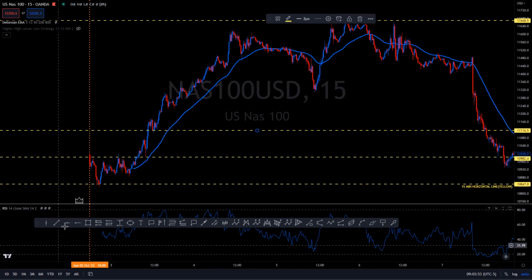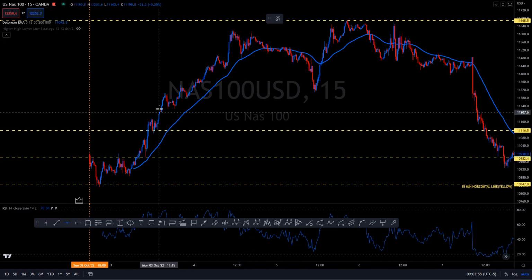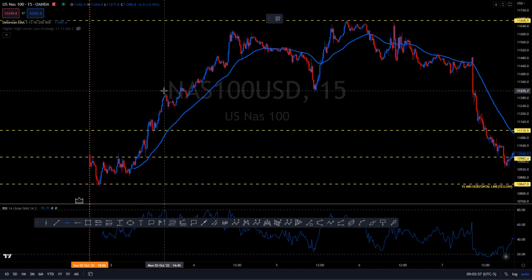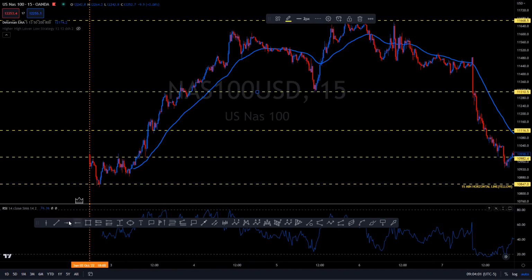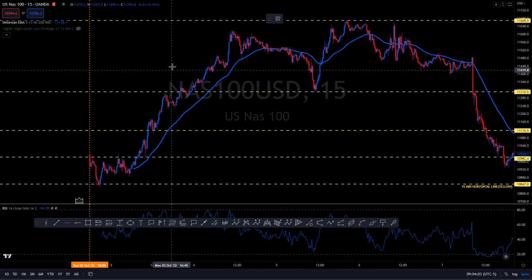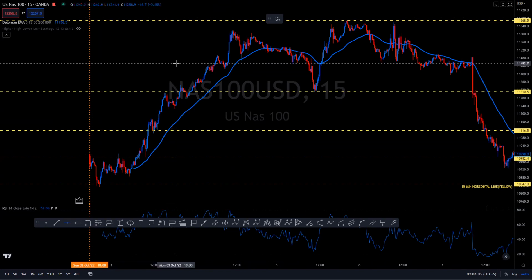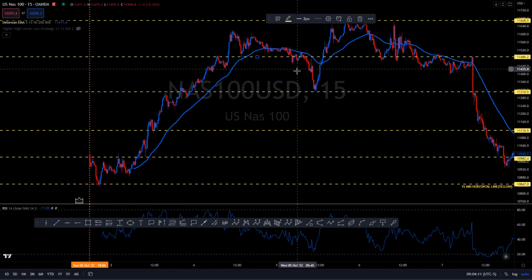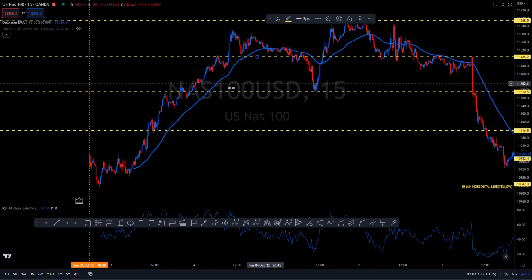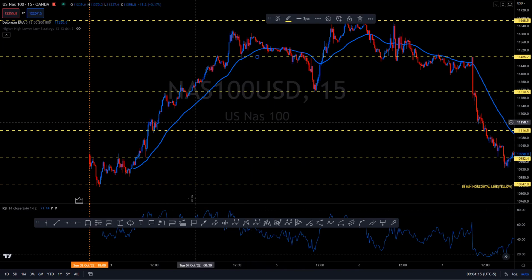We can see there was one here. And then also we can see that there was one in this area here. And here. So we could see how price was respecting a lot of these areas.